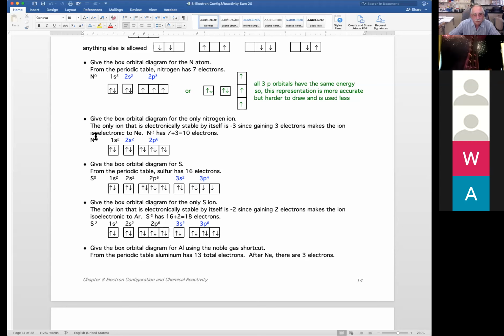So it's going to be the N-3 ion. Now looking at this, you see where those 3 extra electrons are going to go. They're going to go right in there. And why would it do that? That's a partially full subshell. That's more reactive than a completely full subshell.